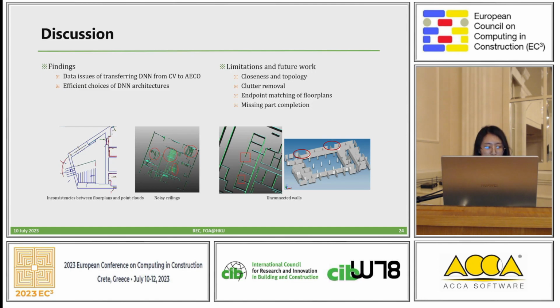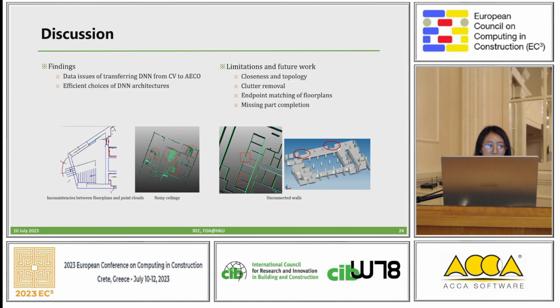Another issue is in the 2D track, where the organizers use the as-designed floor plans as the ground truth and label the 3D point clouds. We know there are a lot of inconsistencies between the floor plans and the 3D point clouds, and this inconsistency also brings some instability to the 2D training.